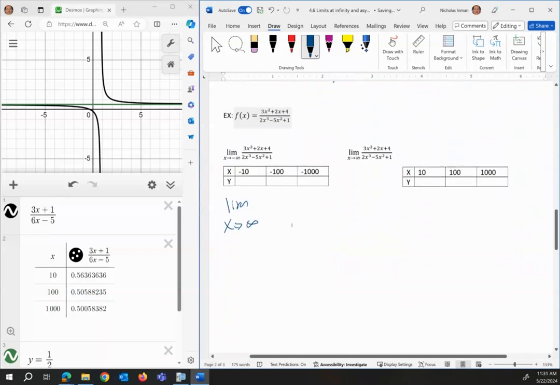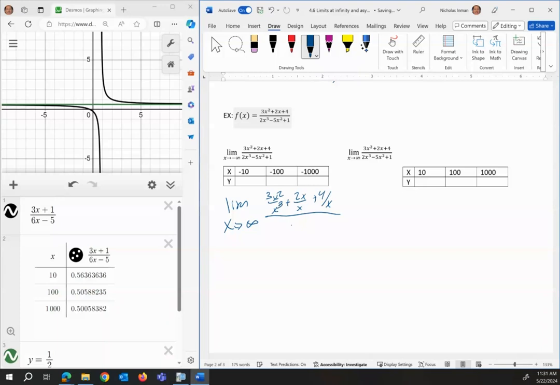As we plug in infinity here, I would wind up with 3 times infinity squared on the top, so infinity over infinity. I can't really do that. So I divide by the highest power of x I see. So 3x squared over x squared plus 2x over x squared plus 4 over x squared. I'm sorry, x cubed. I need to do cubes.